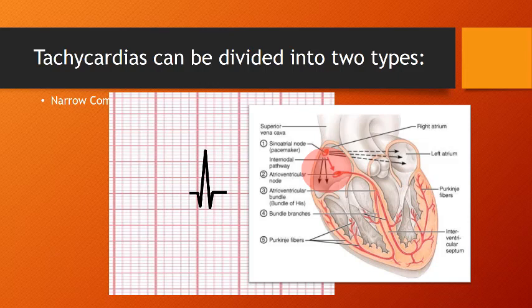That makes it less than 100 milliseconds. A narrow complex tachycardia reflects rapid activation of the ventricles with the normal conduction system, which in turn suggests that the arrhythmia originates above or within the atrioventricular node. That is, it is a supraventricular tachycardia.